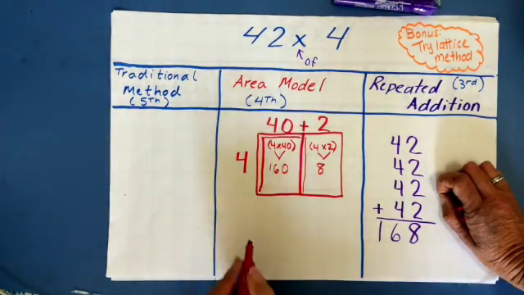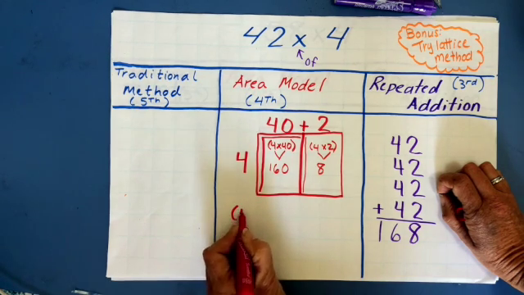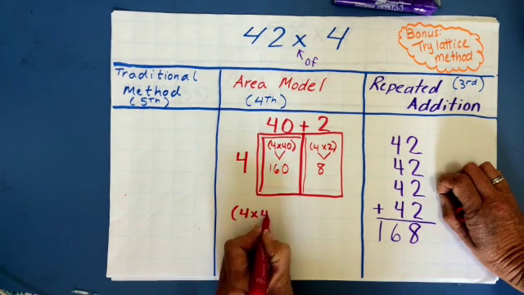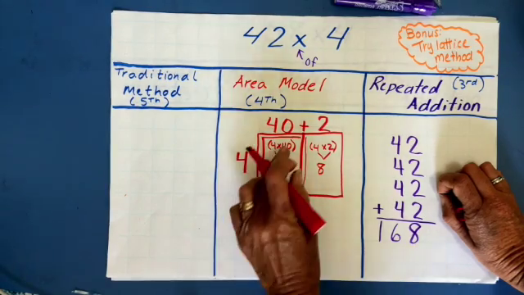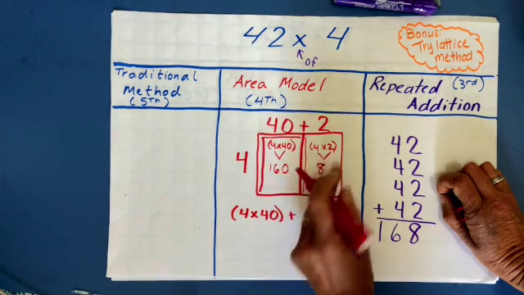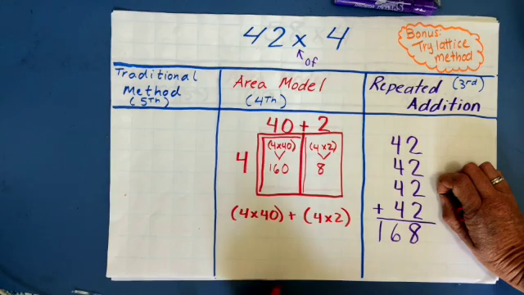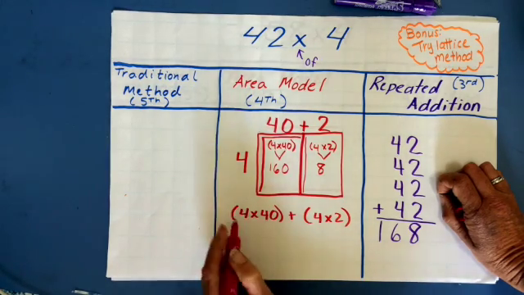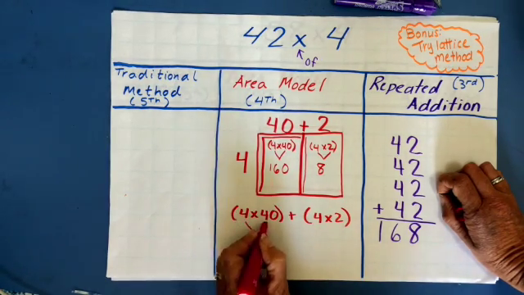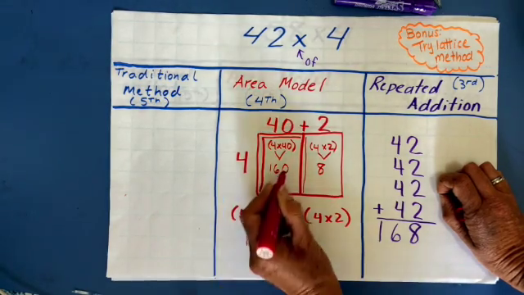So if I wrote that out, I would write it like this. So I first had 4 times 40. That's one box. And I need to add to it the other box, which is 4 times 2. Now I'm going to try to get rid of these parentheses. So 4 times 4 is 16. And I have 1 0, like I said, up here.